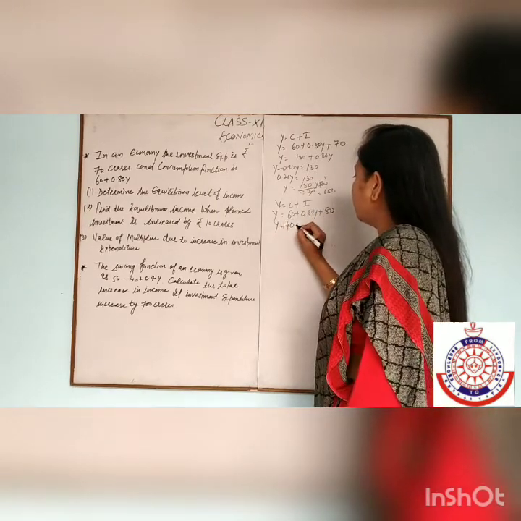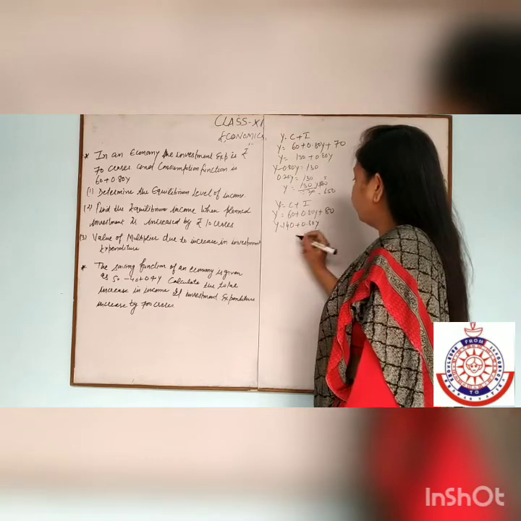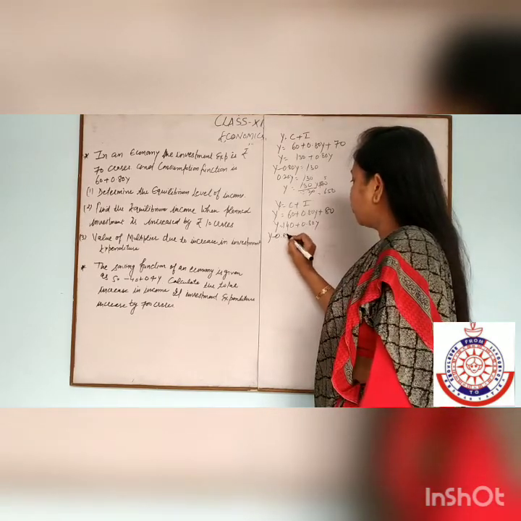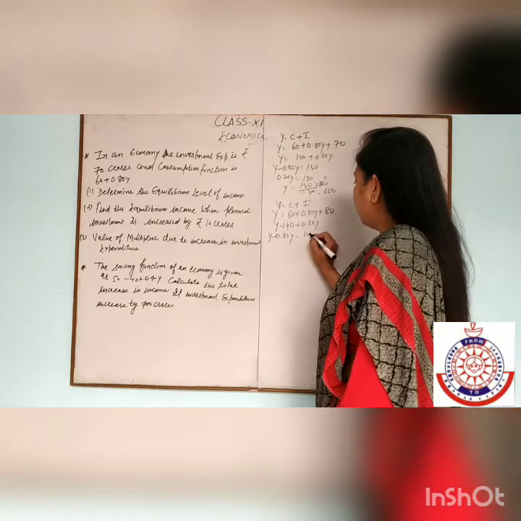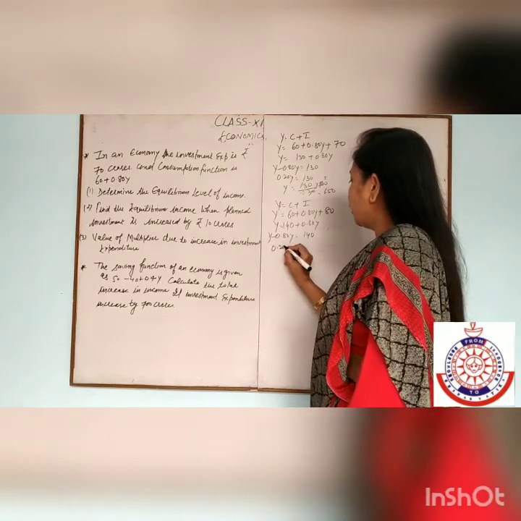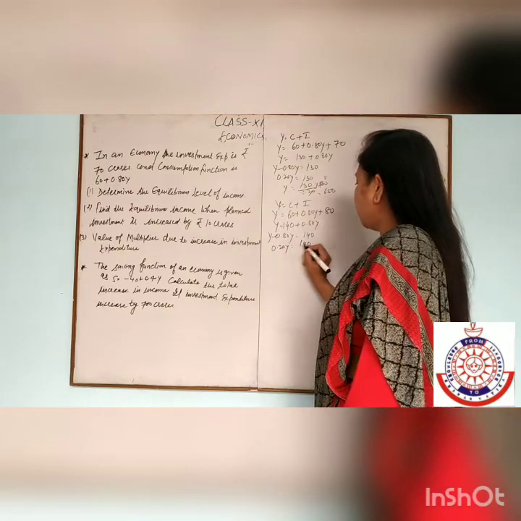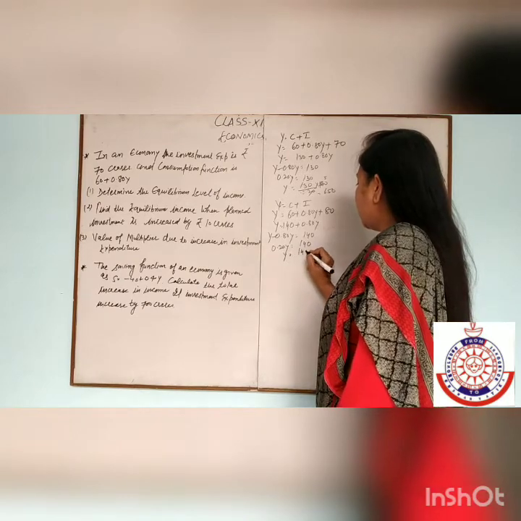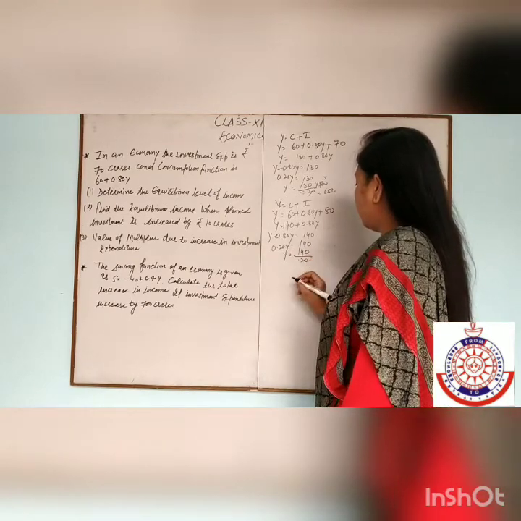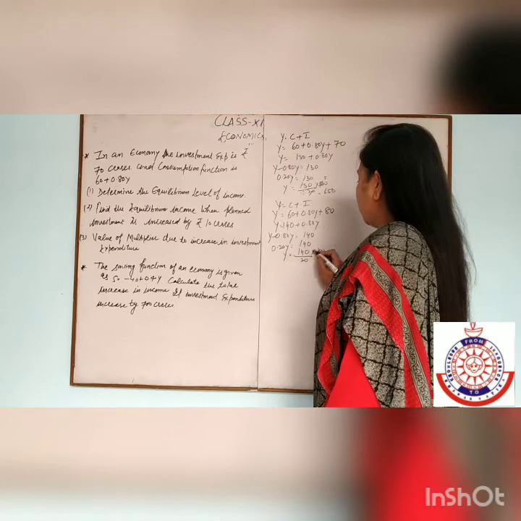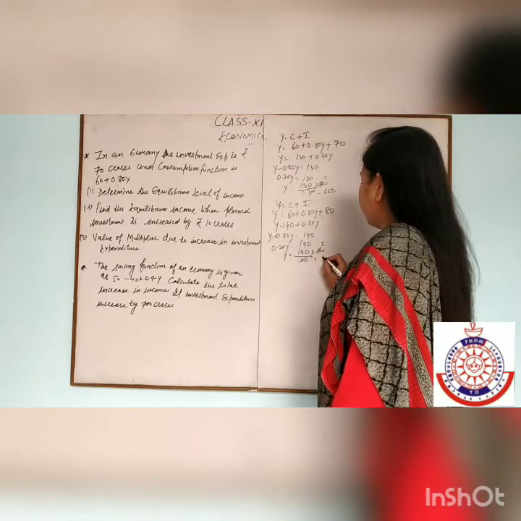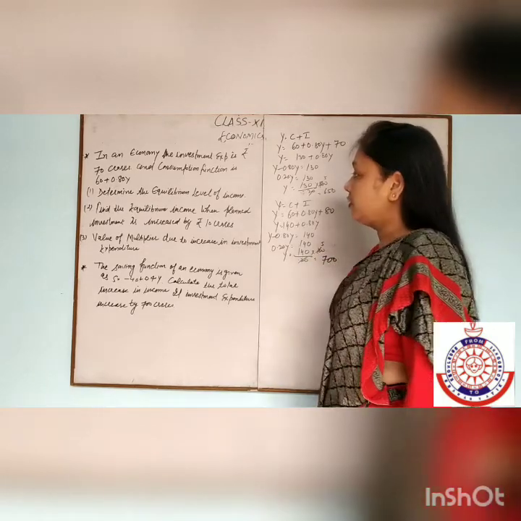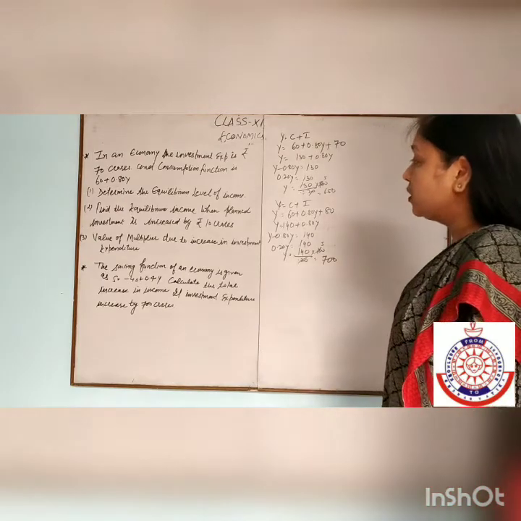Y is equal to 140 plus 0.8y. Y minus 0.8y that is equal to 140, 0.2y is equal to 140 and Y is equal to 140 upon 0.20 that is equal to 700. Y is equal to 700.